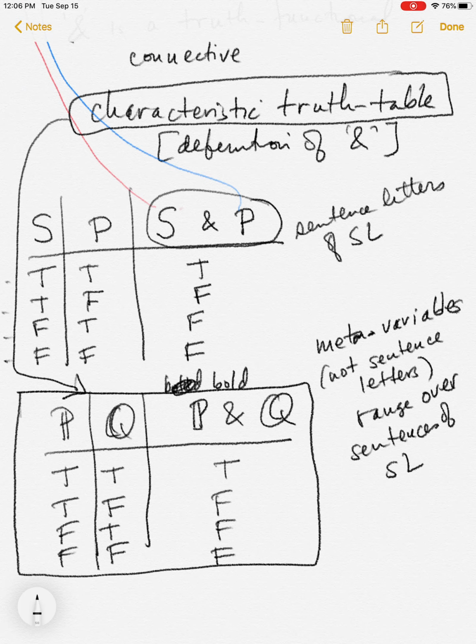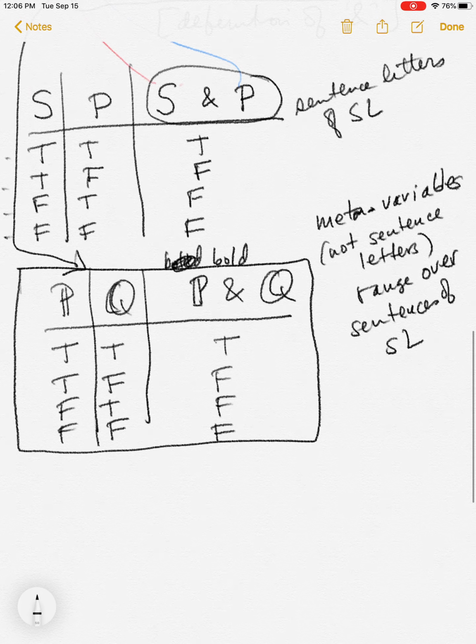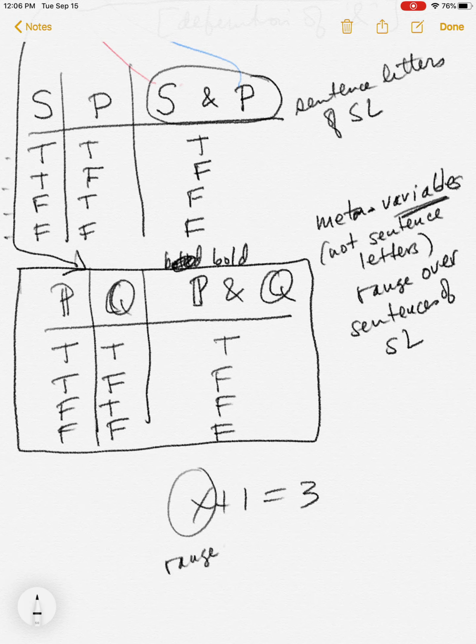Again, these boldface P's and Q's and R's and so on that we're going to be using are meta variables. They range over sentences, they're not actually sentence letters. They're variables in the same sense as x plus 1 equals 3, right? So that's a variable. And in algebra, this ranges over numbers.